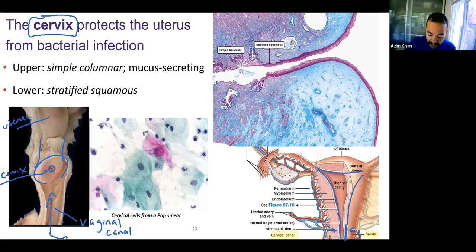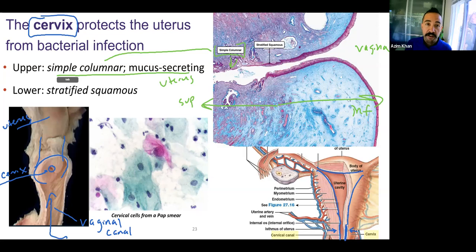Taking a look at the histology, this way is superior, this way is inferior towards the vagina. Well, this is towards the uterus. Towards the uterus, it's simple columnar epithelium.